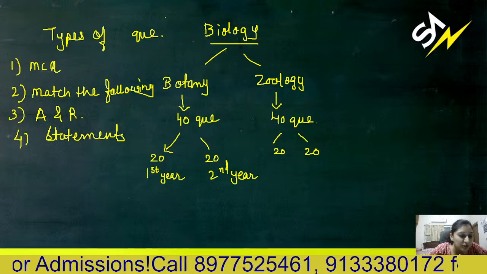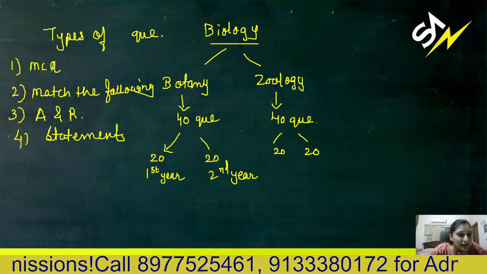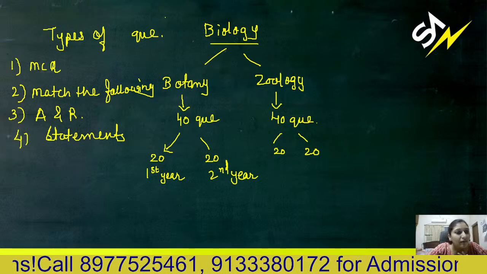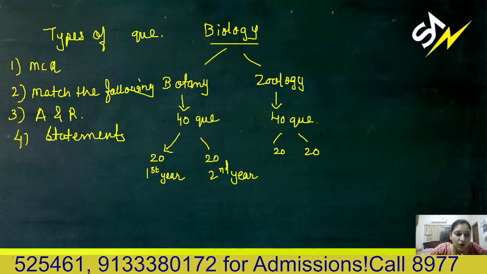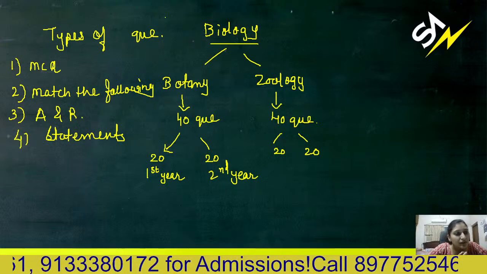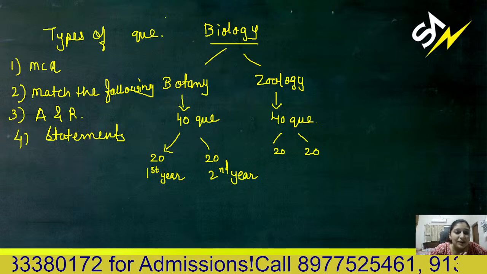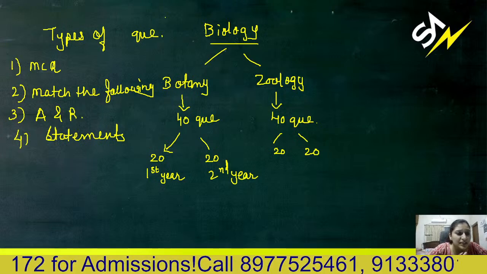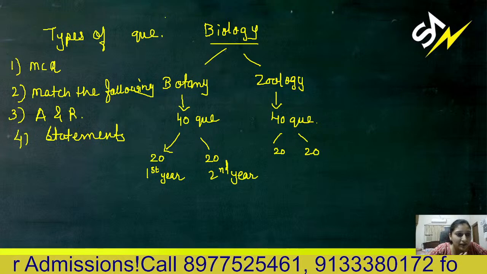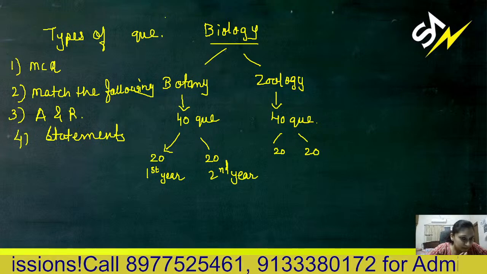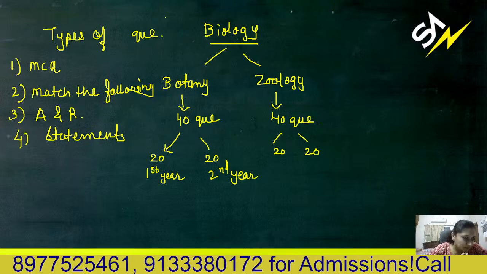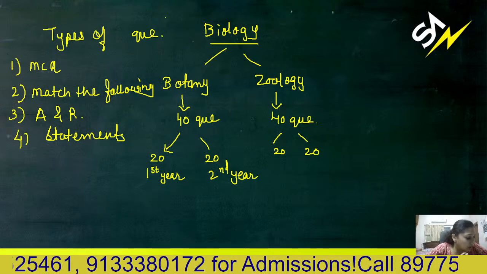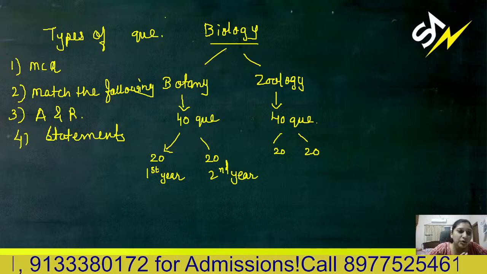First option, assertion is right, reason is wrong. Second, assertion is wrong, reason is right. Third option, reason is the better explanation of the assertion. Or both of them are true. And the last option, both of them are wrong.